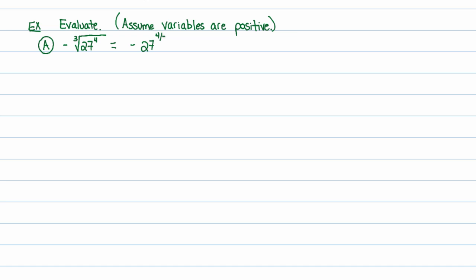The root is 3, the power is 4, which means that I could have rewritten this as a negative and then the 4th power of the cube root of 27. Sorry that you can't see my cube root there, but it is there. So this tells me I'm looking at a negative and then the 4th power of the cube root of 27, which is 3. And 3 to the 4th power, well, that's 81. So my answer is negative 81.